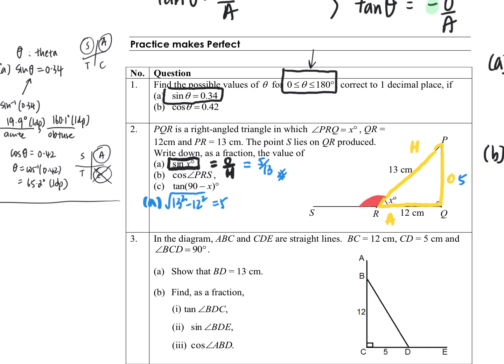Take note, this is the same as finding the negative of the cosine of the angle beside it. This is the key. Can you see? My cosine 150 is negative of my cosine 30. It is just the negative of the ratio.